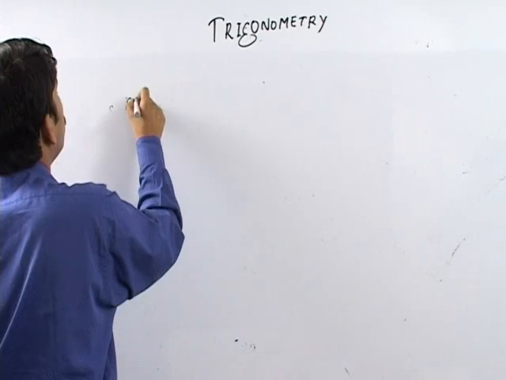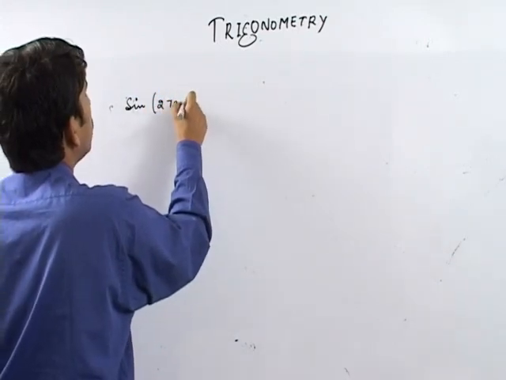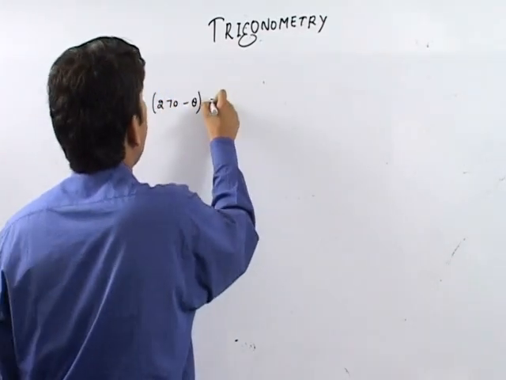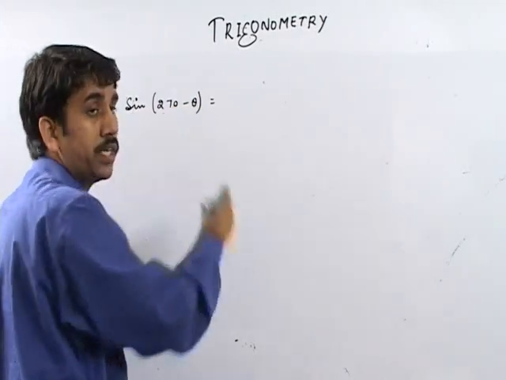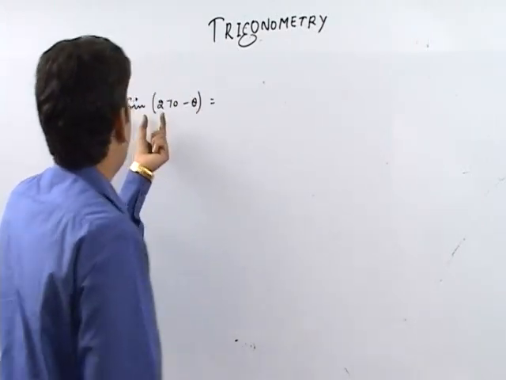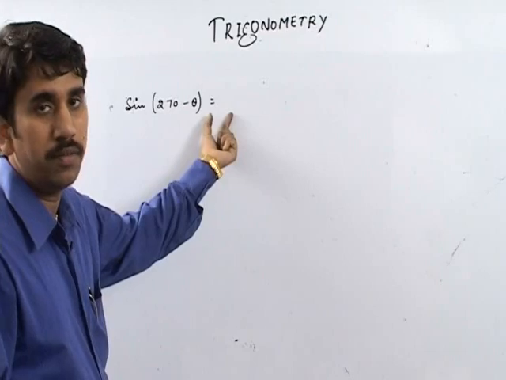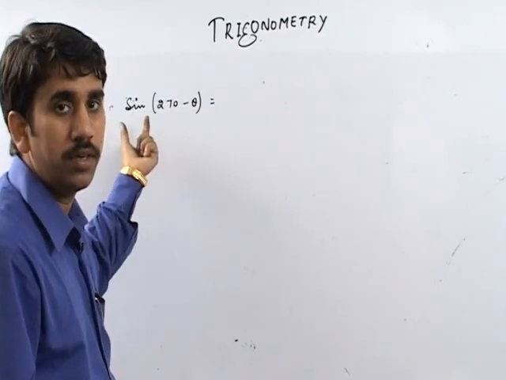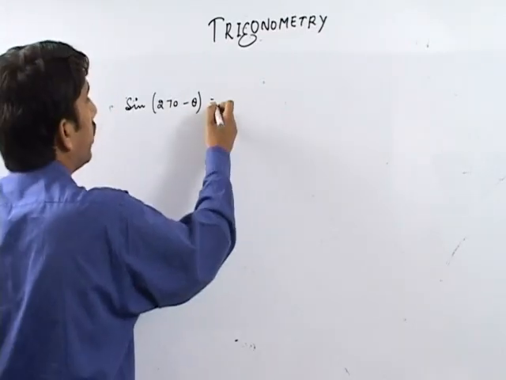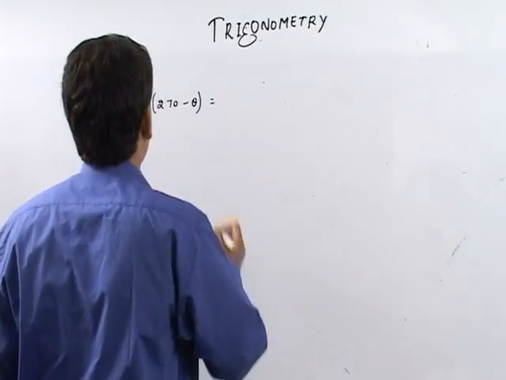Sine of 270 minus theta: this is again the third quadrant, and sine of 270 minus theta will be negative because sine and cosecant are negative in the third quadrant. Only tan and cot are positive in this quadrant.